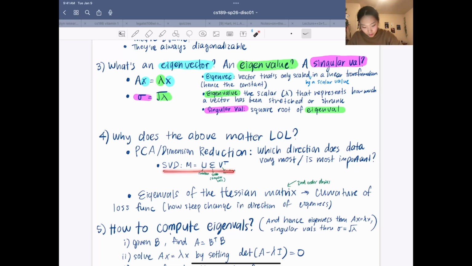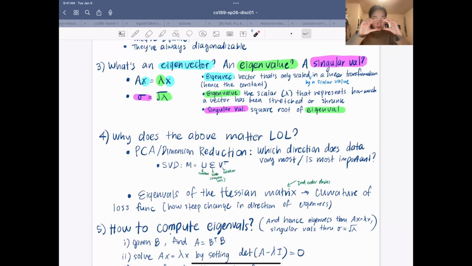And so you may have seen this in Math 54, but essentially this middle matrix right here contains singular values. The better way to explain it is you can call it a diagonal matrix of singular values, if you will. And so what does each singular value in this matrix represent?